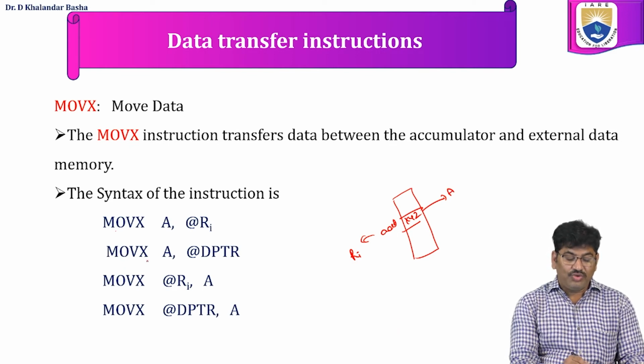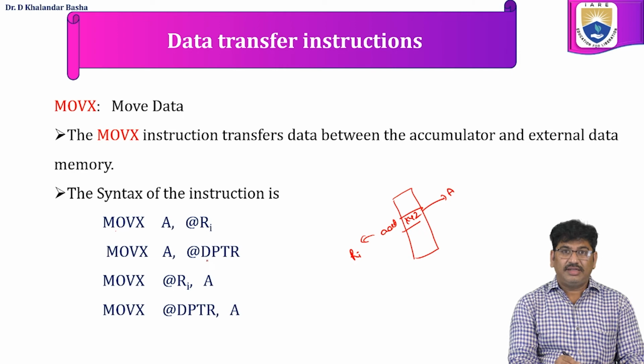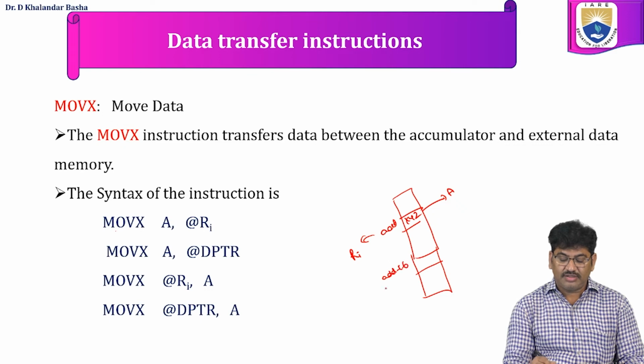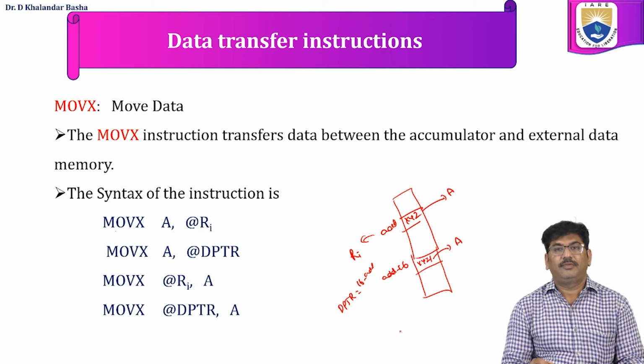Next, MOVX A, @DPTR. Now here the address is a 16-bit address, which is loaded into the DPTR. The contents of this memory location will be loaded into the accumulator.